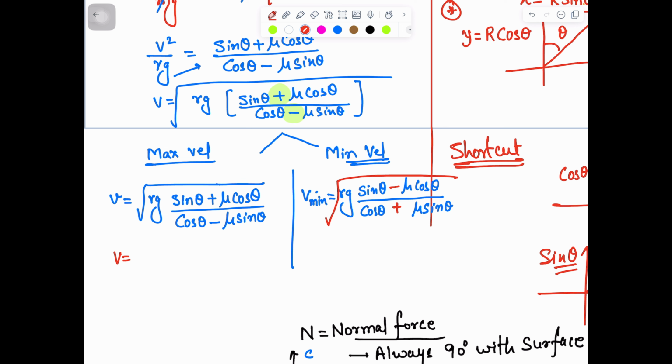What is the value of r? Okay, just write down all the values. You have minimum and maximum.